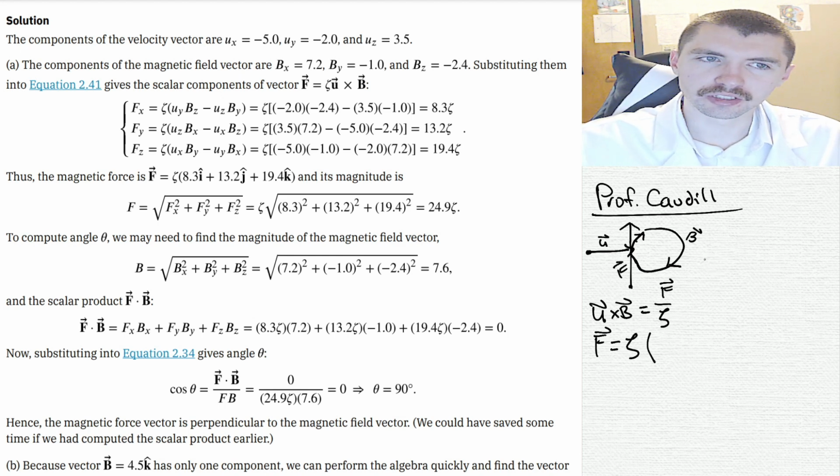So here's how to think of it. U is 5, -2, 3.5. That's the vector U. You could think of it like this vector multiplied by X, Y, Z if you want.